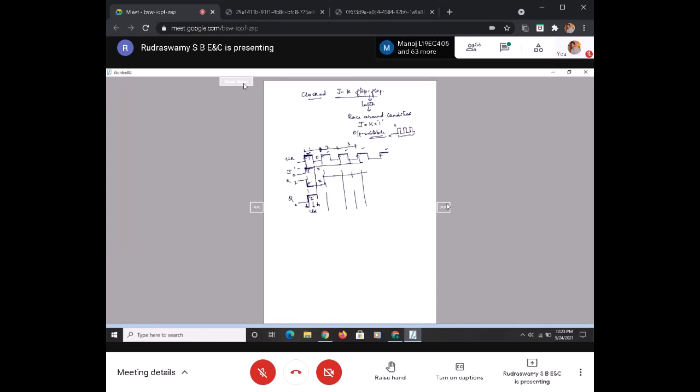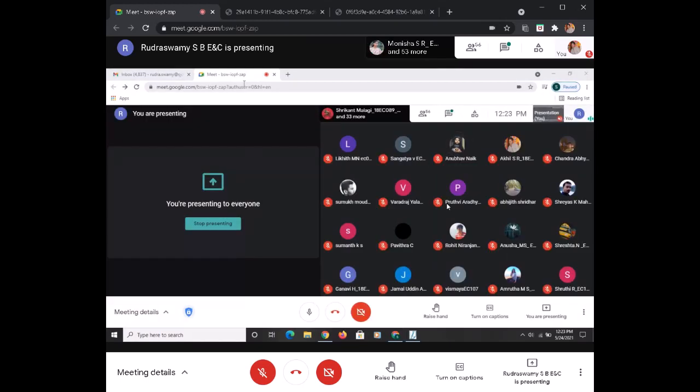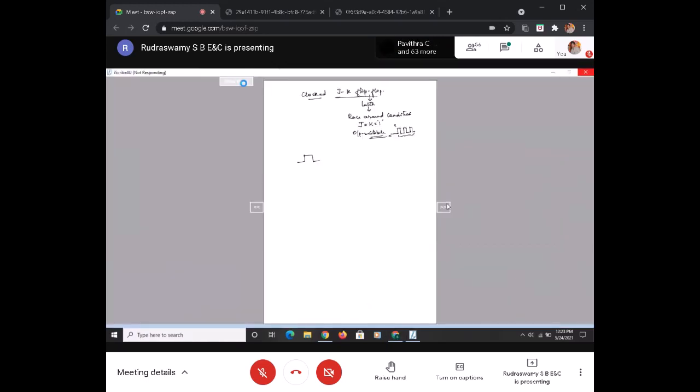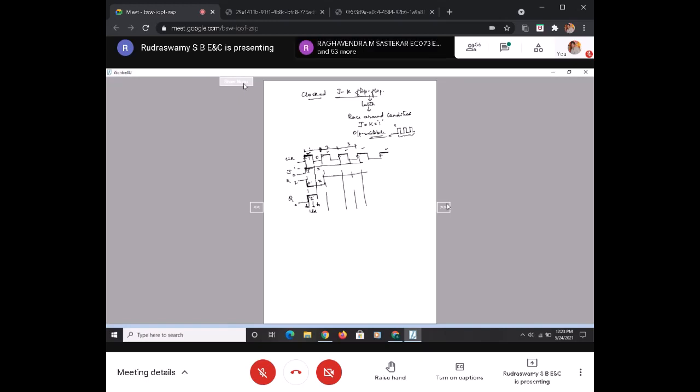When the clock is equal to 0, what happens to your latch? Is it enabled or disabled? Disabled, right? So when it is disabled, what will happen to the output of that disabled latch?